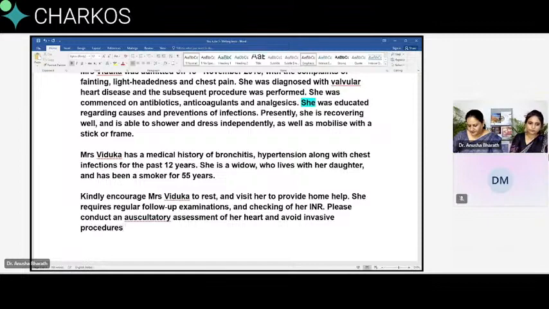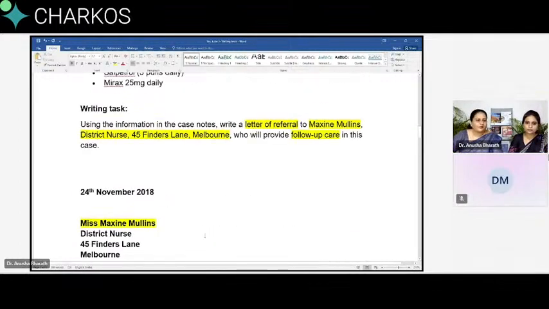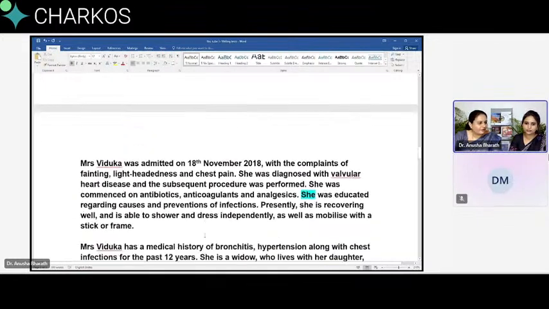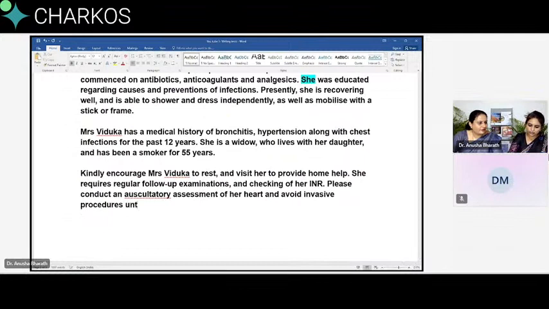Avoid invasive procedures until prophylactic antibiotics are given. Let's say that until antibiotics are given. Full stop.